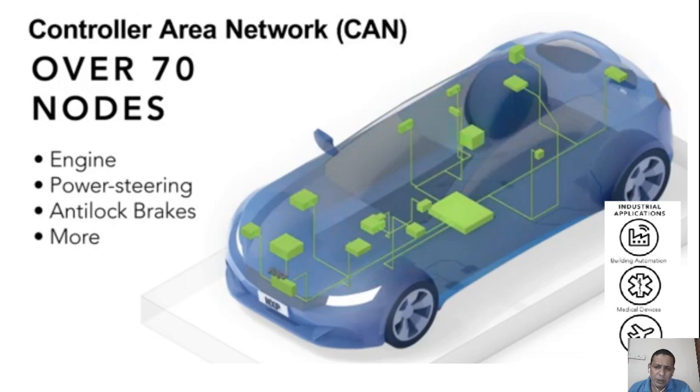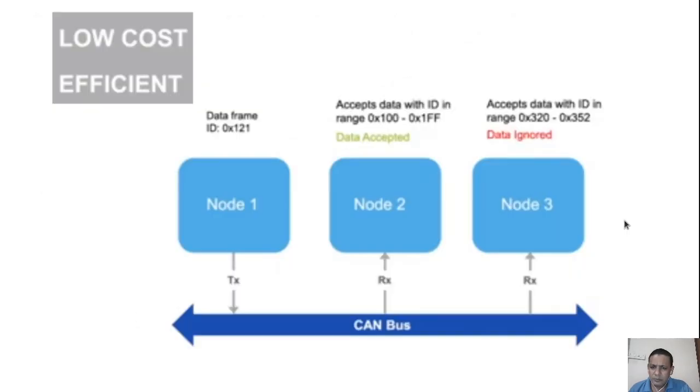A power steering can be termed as a node, an airbag can be termed as a node, an air conditioner can be termed as a node, and here you can see that over 70 nodes can be used in a vehicle, such as engine, power steering, anti-lock brakes. All these devices can be treated as nodes in the vehicle.